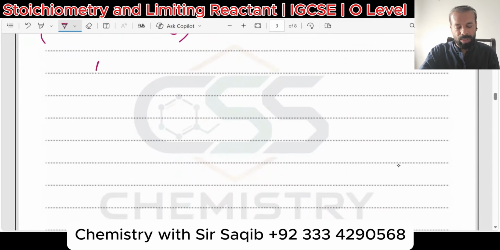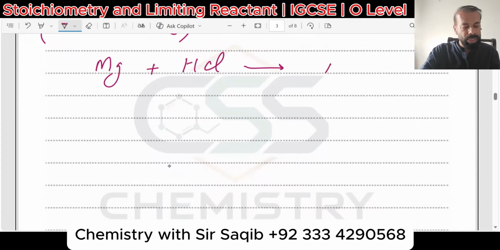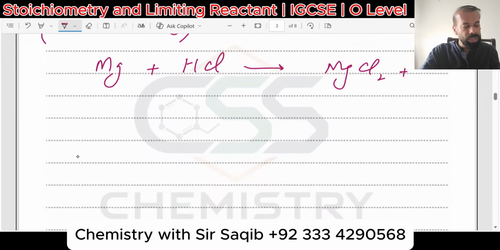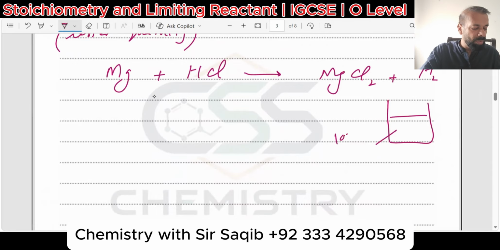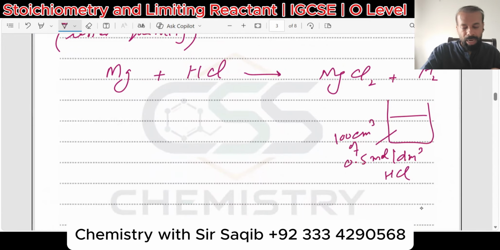For example, you are given a question: Mg plus HCl makes MgCl2 plus hydrogen, right? The examiner says okay, you have a beaker, and in this beaker you have 100 cm cube of 0.5 mole per dm cube HCl, and in this beaker you add 5 gram Mg.